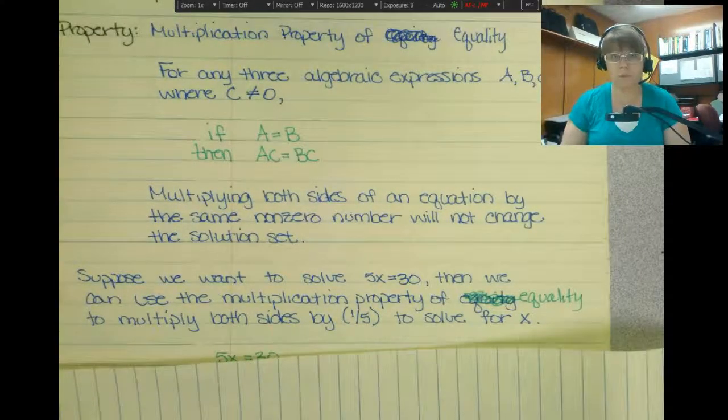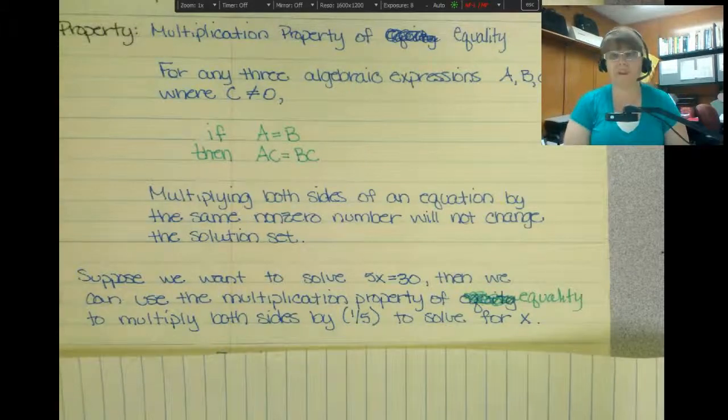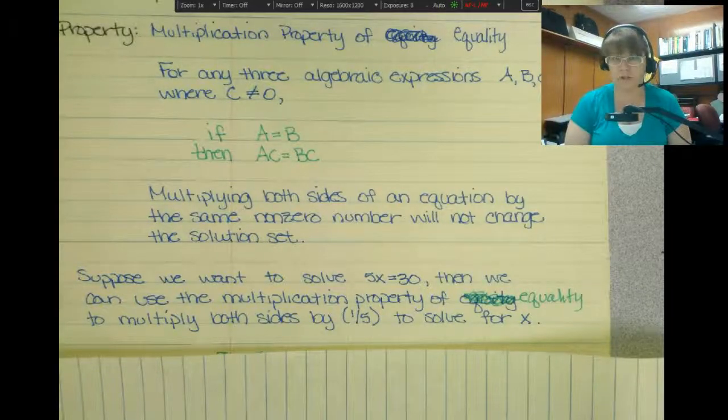So suppose we want to solve the equation 5x equals 30. Then we can use our multiplication property of equality to multiply both sides by 1/5 to solve for x. Now, why did I choose 1/5?